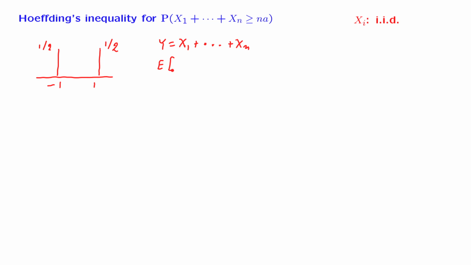Well, the expected value of each one of the Xi's is equal to 0, because the distribution is symmetric, and also the distance of Xi from the mean has always magnitude 1, and for this reason the variance of the Xi's is equal to 1. For this reason, the random variable Y has a mean of 0 and a variance equal to n.